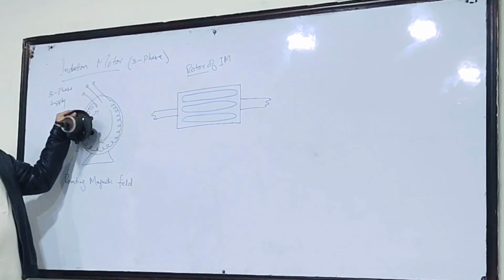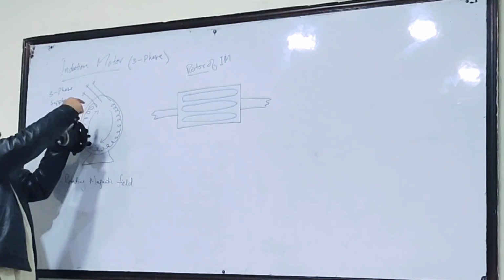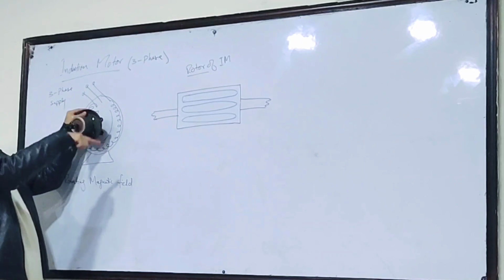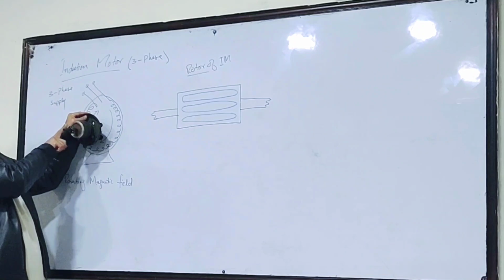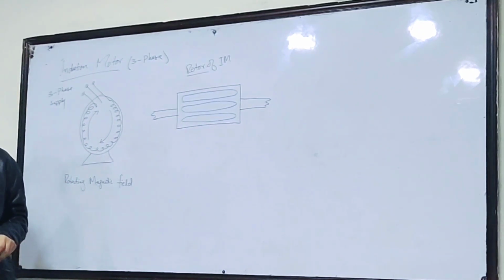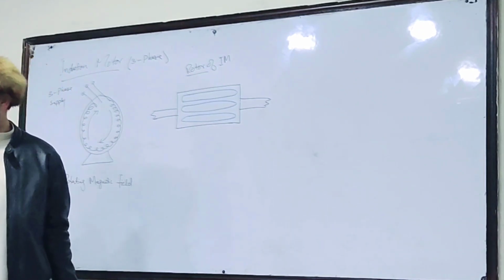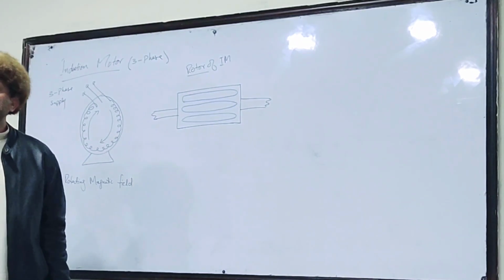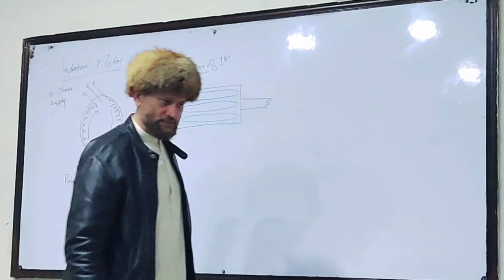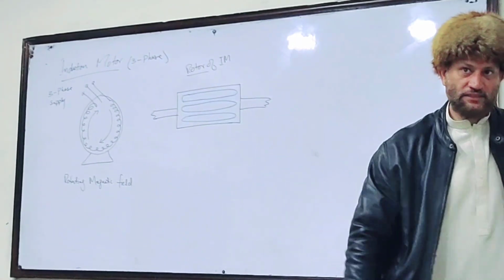Understand? So the flux is rotating like this, and the flux cuts these bars somehow at maybe less than 90 degrees, but very near 90. Understand my point? Yes.